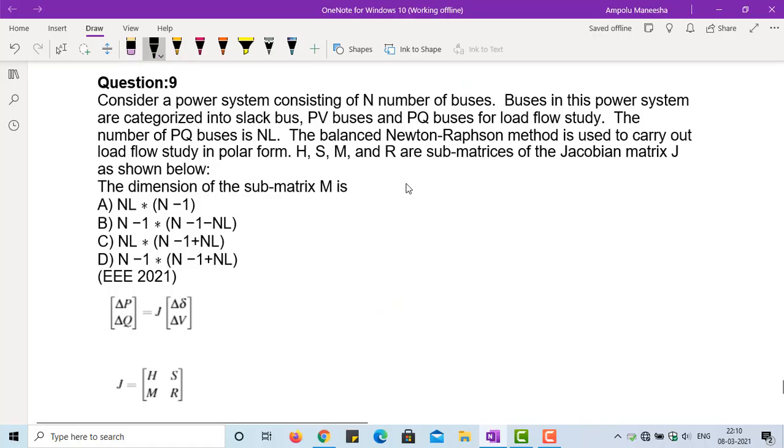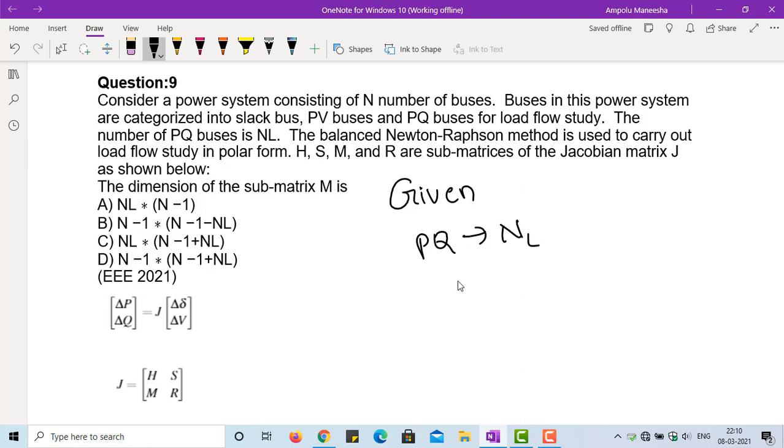Let us solve the problem. In the question, it is given that PQ buses are NL. NL is the number of PQ buses and one slack bus is there.